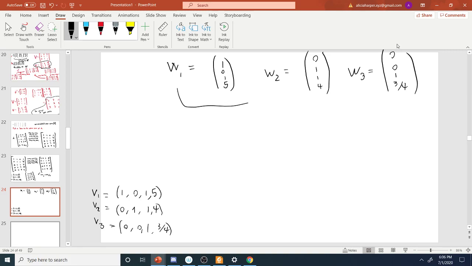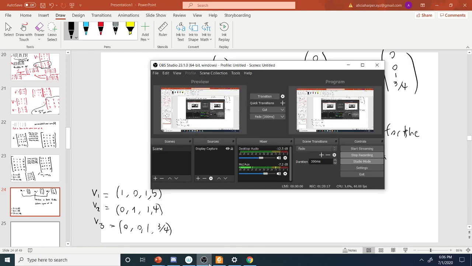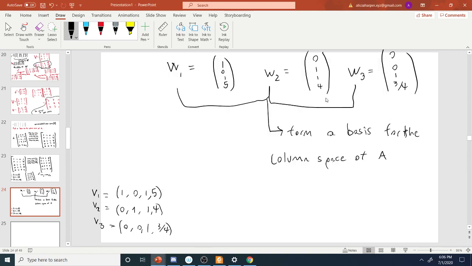These three vectors, W1, W2, W3, form a basis for the column space of A. And that completes the calculation.